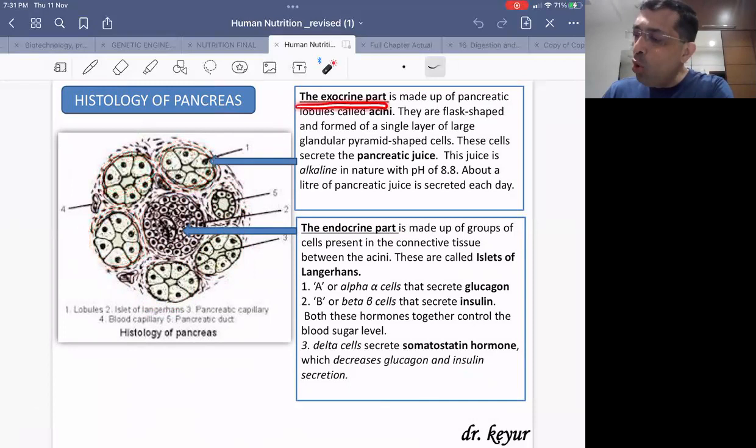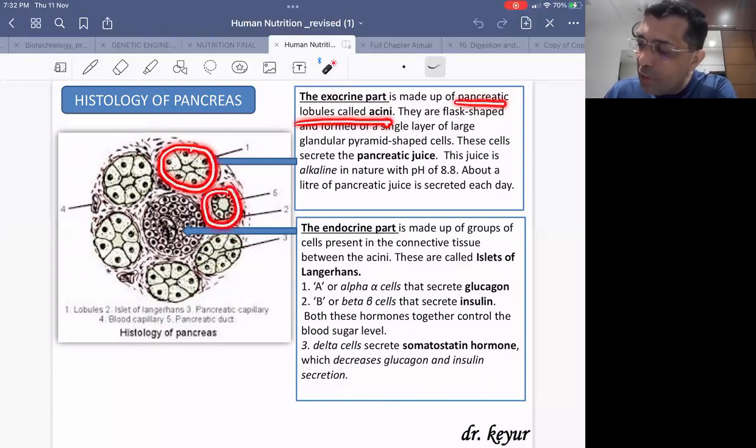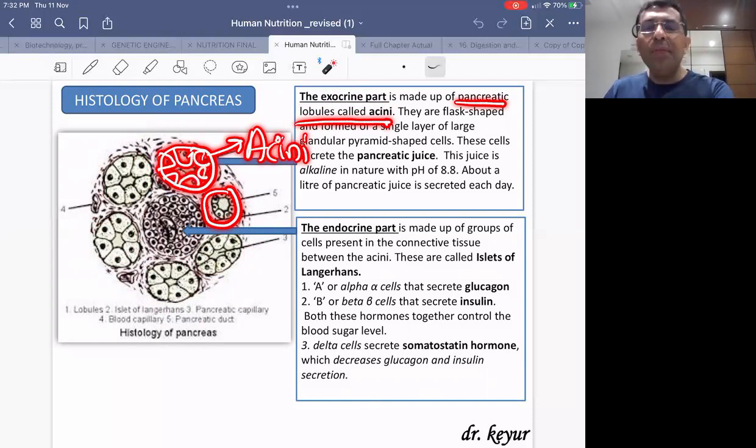The exocrine part is made up of pancreatic lobules which are called acini. तो ये pancreatic lobules है, and these lobules are called acini. And acini have in them pyramid-shaped cells. And these pyramid-shaped cells give out pancreatic enzymes.